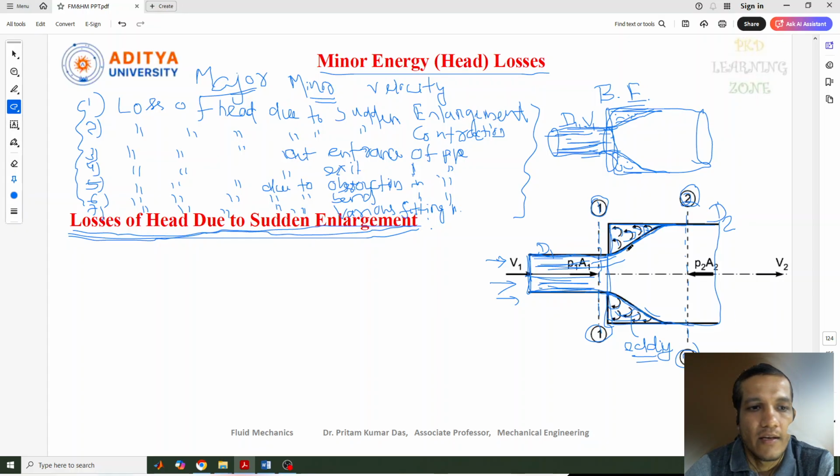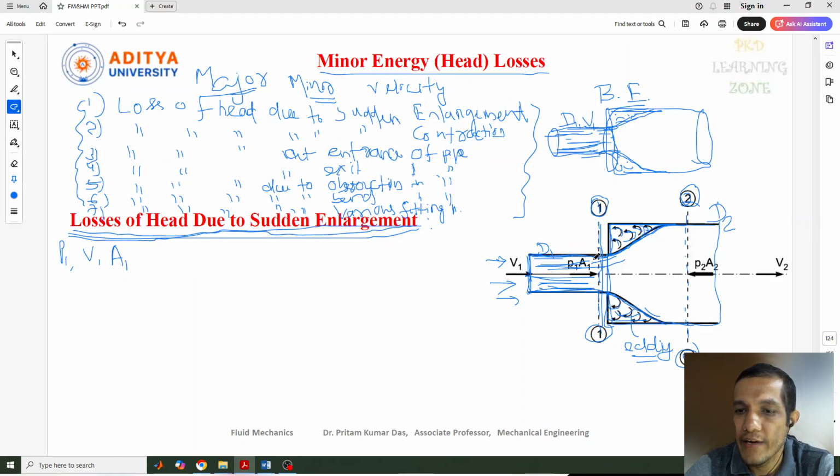Now let's do the derivation for this. As I told you, section 1 and section 2. At section 1 we consider the pressure intensity P1, the velocity V1, and the area of the pipe at section 1, that is A1.